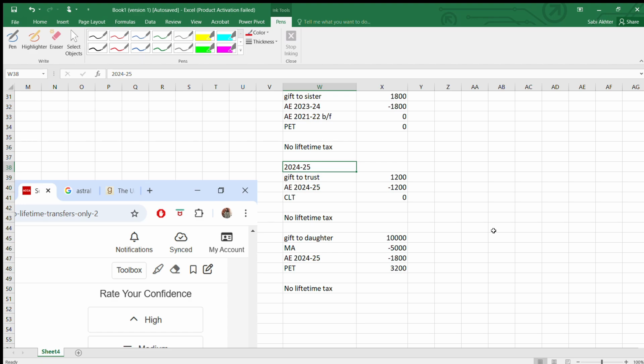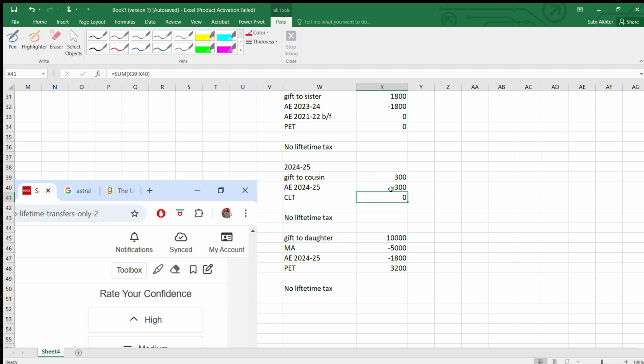There are 2 gifts that are made. One is gift to cousin. So gift to cousin is 300. So this 300 will come under annual exempt. So nothing is chargeable.